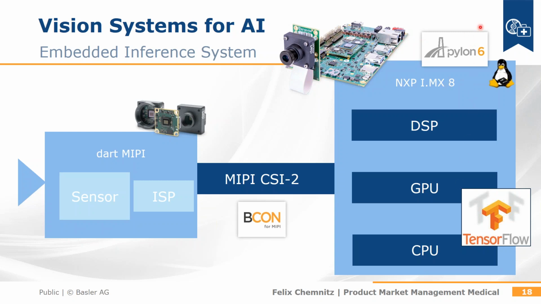And what I mean with this Pylon 6 directly on top here is that our SDK for the cameras is available for Linux, Windows, and in this case, this is an ARM-based processing unit from NXP, and we also provide a Pylon 6 with the Linux for ARM-based software. So you can directly run our drivers on this board and on this Linux machine or system. So this gives you the ability to control the camera directly from this interface and grab the image data.